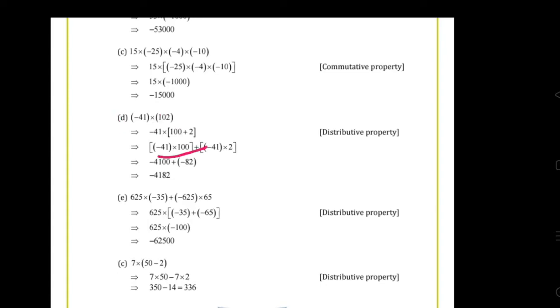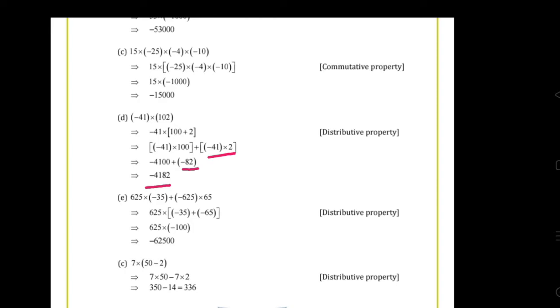So -41 × 100 means -4100, and -41 × 2 means -82. So -4100 and -82 means -4182.